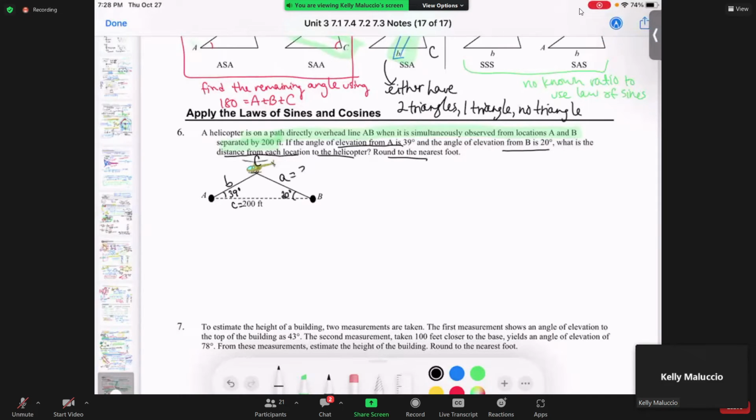So we want to find little a and little b, these sides.